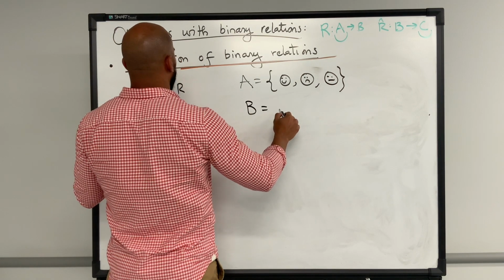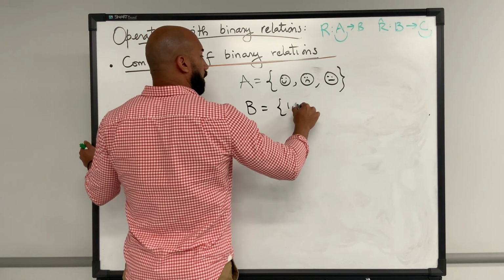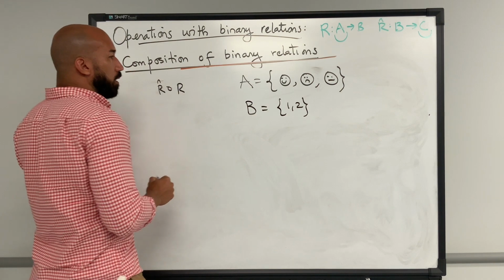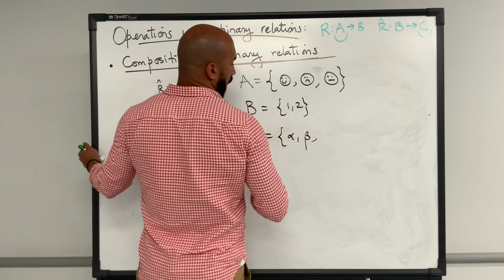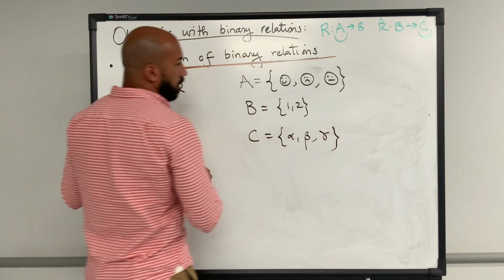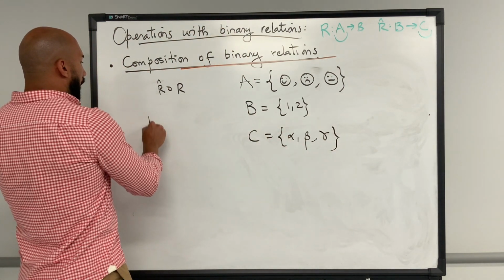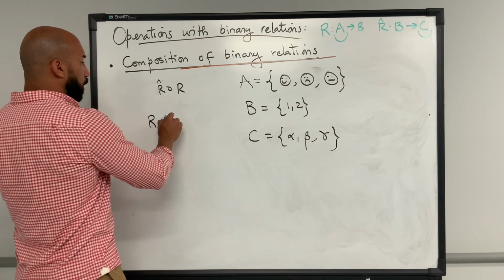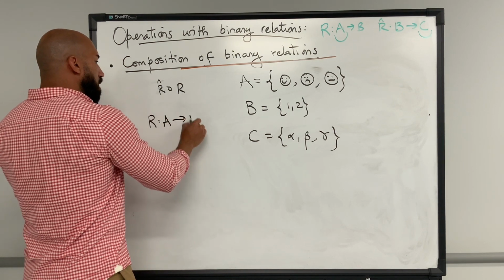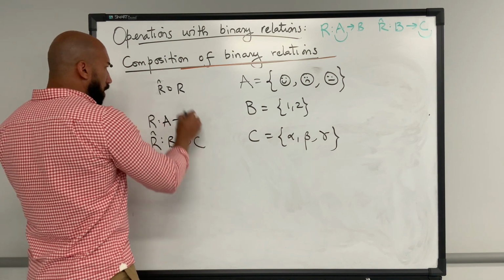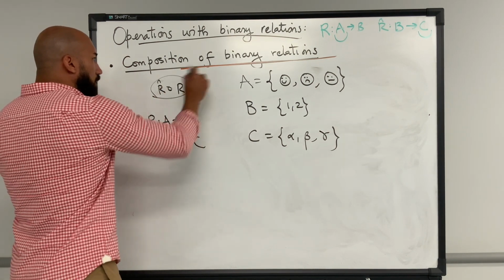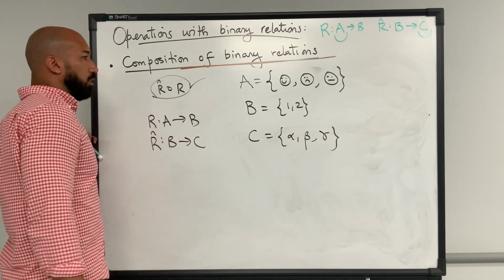B was the set whose elements were 1 and 2, and C was the set whose elements are alpha, beta, and gamma. Is that okay? And R was from A to B, R hat from B to C. So this composition is good. We can do it, and indeed we did it.